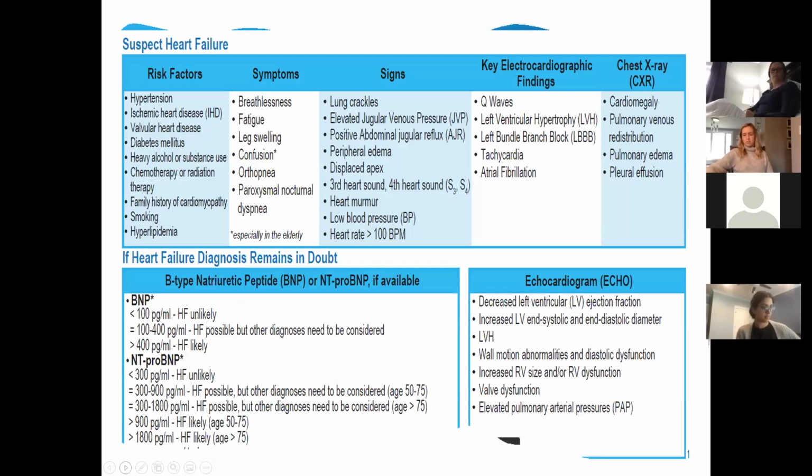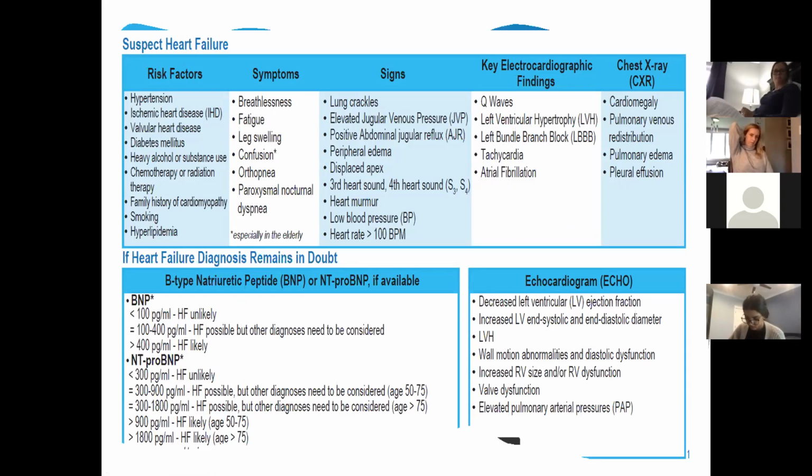So this is a very busy looking slide, but this comes right out of the heart failure guidelines as to what are the risk factors for developing heart failure, what are the symptoms, the signs, key ECG findings, key X-ray findings, and then just a little bit about BNP.